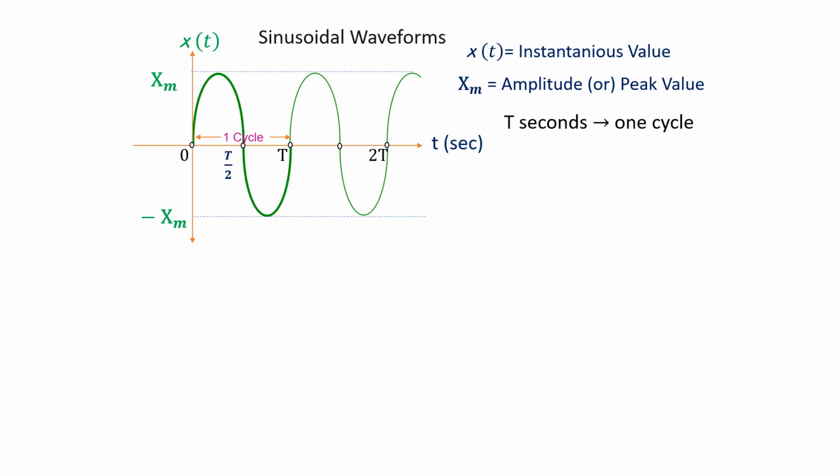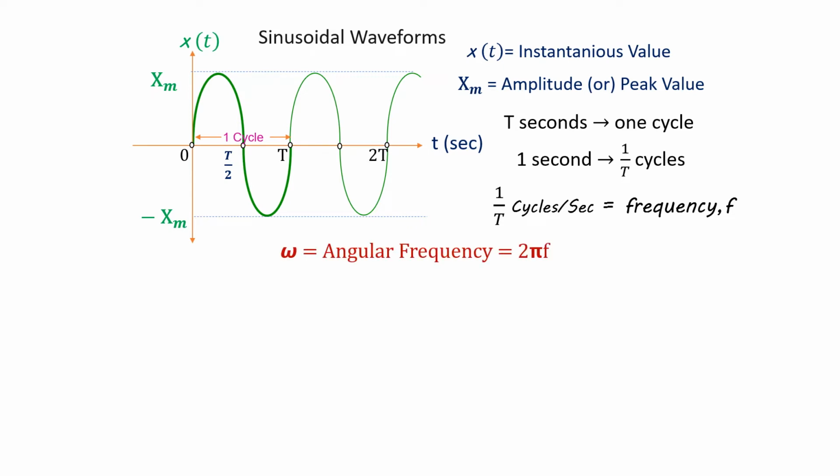From this we can calculate in 1 second 1 by T cycles are made. This 1 by T cycles per second is called frequency.